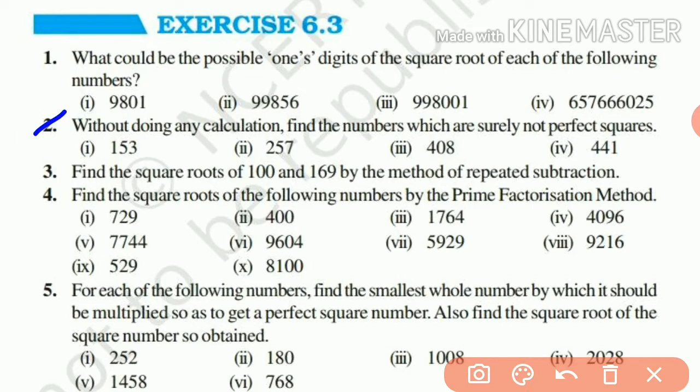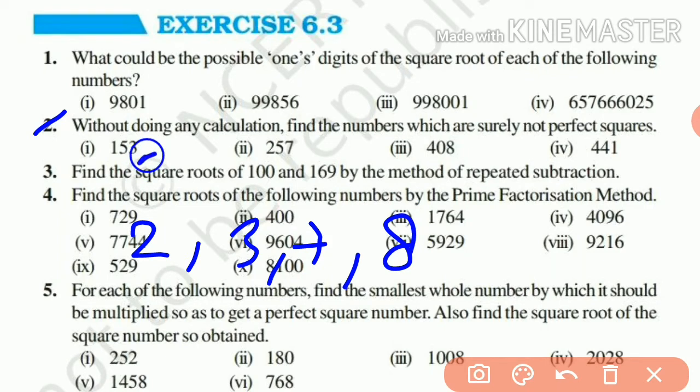Without doing any calculation, find the numbers which are surely not perfect squares. We know that a number ending with 2, 3, 7 or 8 will never be a perfect square. This number ends with 3, so it will never be a perfect square.